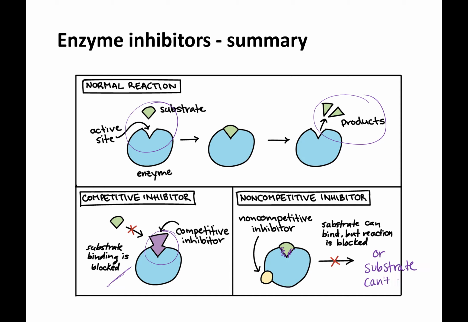I should have looked at this figure a little bit better. But the key is this inhibitor binds to the active site. A non-competitive or allosteric inhibitor binds somewhere else. Both are blocking the reaction from happening. Okay, now I'm done.